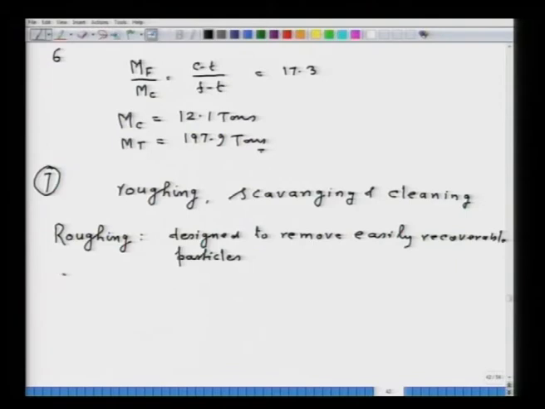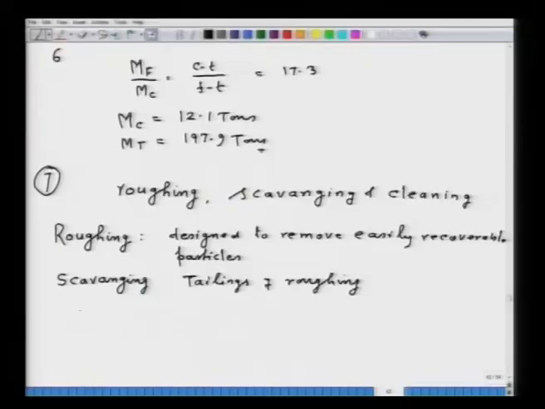In the scavenging stage, what is done is that the tailings of the roughing operation, because roughing will produce concentrate and tailing, are used to recover the valuable mineral. Tailings of scavenging are worthless, they are no more recycled in the circuit.